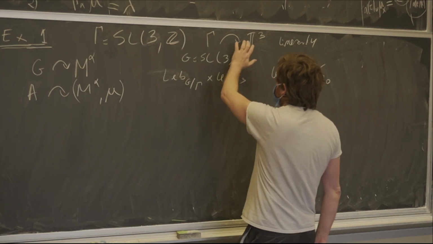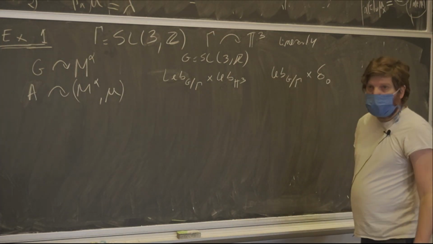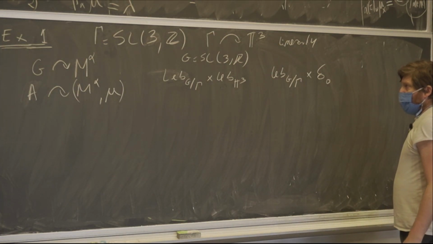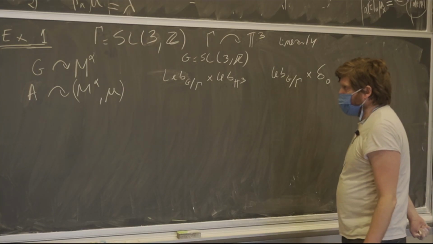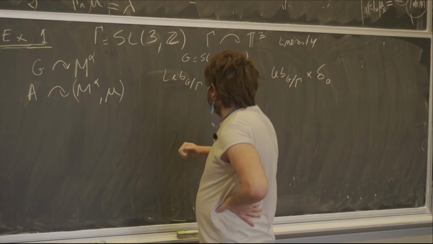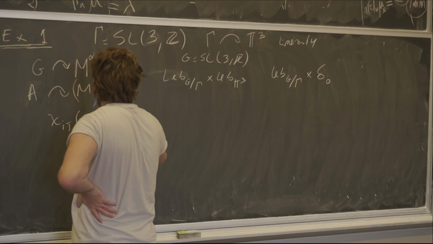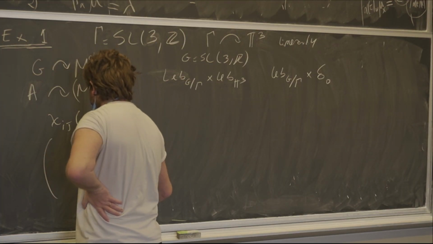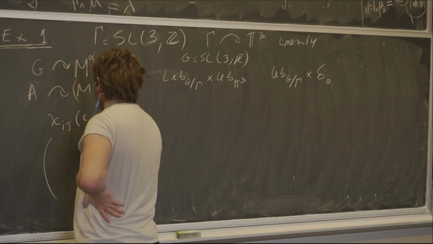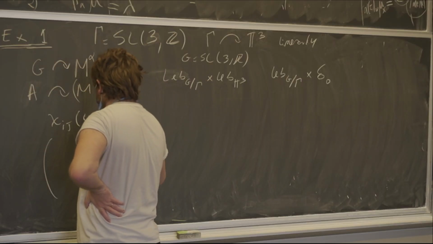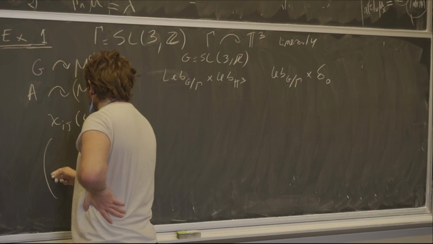That's because this is a fully linear map, so the cocycle is independent of x. So you can see that you have these guys coming from these directions.